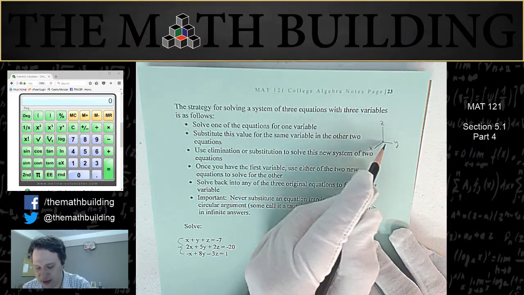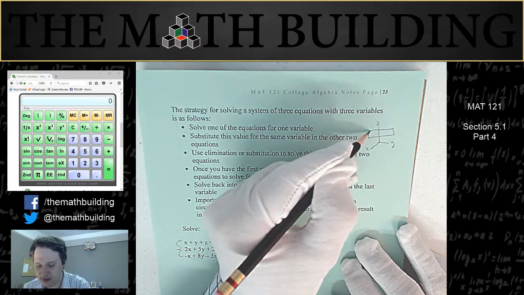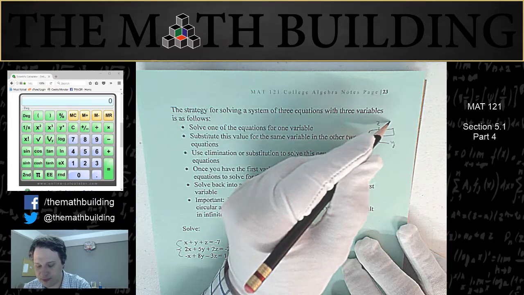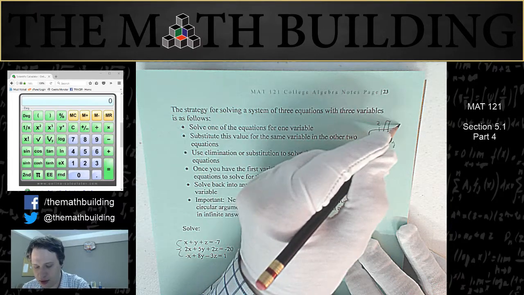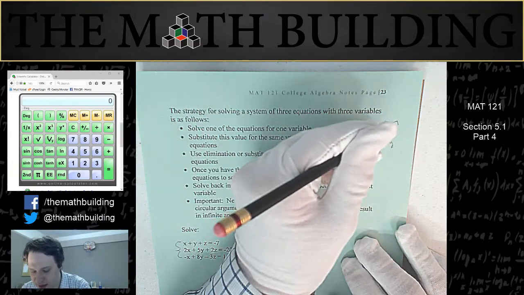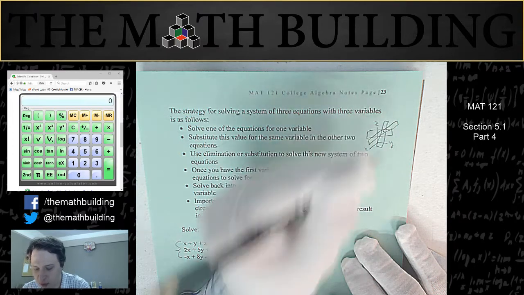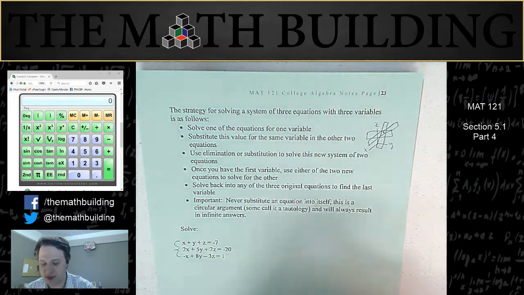What we're going to have here is three planes, because they're three variables. We're going to have three planes in three-dimensional space, and we're going to try to find the one point, if there is only one point, where those three planes intersect.